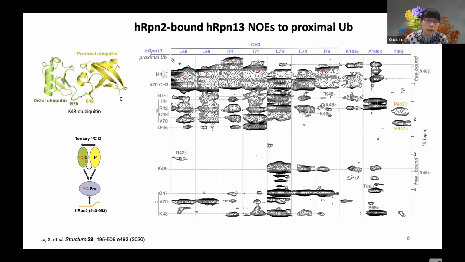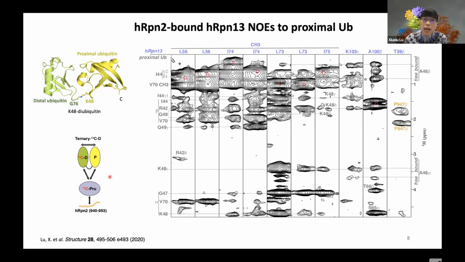The first sample is carbon-13 labeled RPN13 with equimolar unlabeled RPN2 peptide and 1.2-fold K48 diubiquitin, where the distal ubiquitin is carbon-13 labeled. Proximal ubiquitin is colored yellow and distal ubiquitin is colored green. I will keep this coloring throughout the whole presentation.